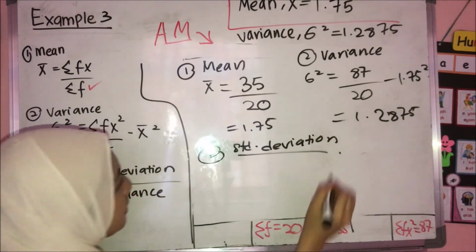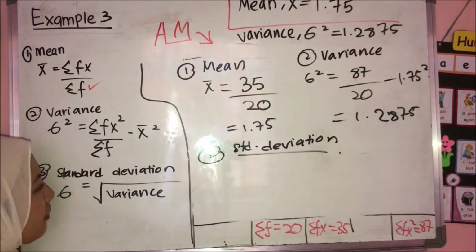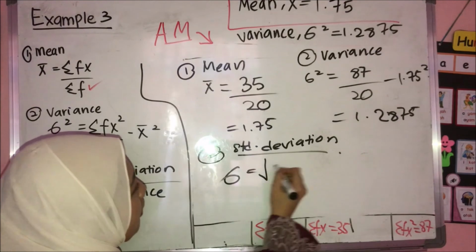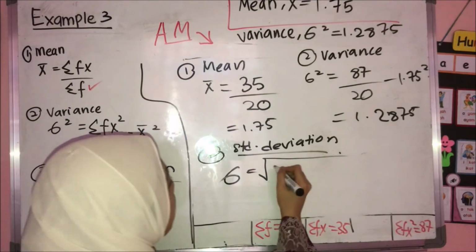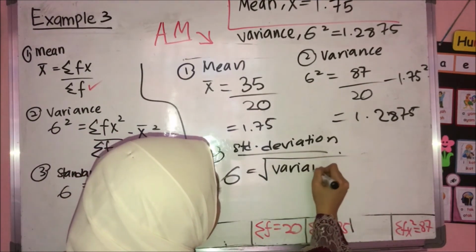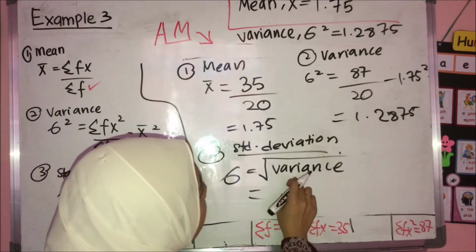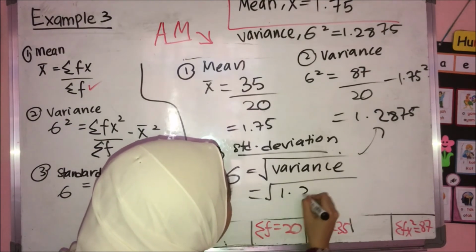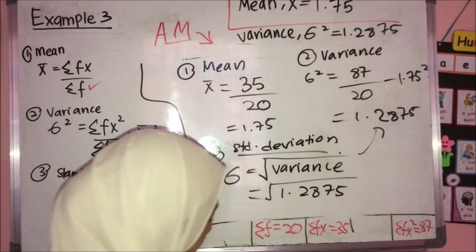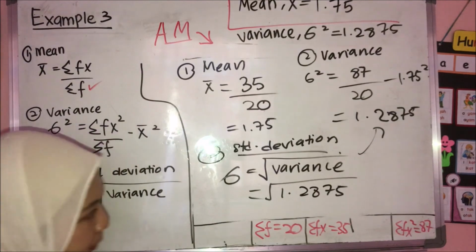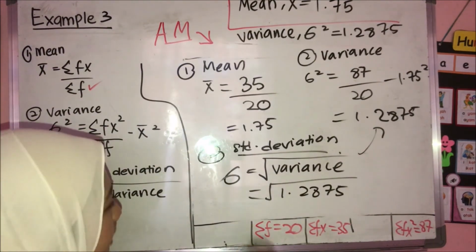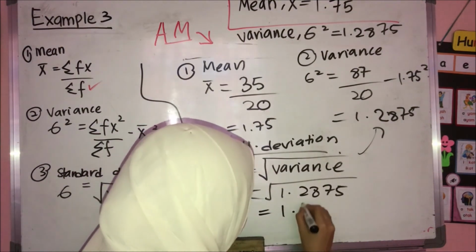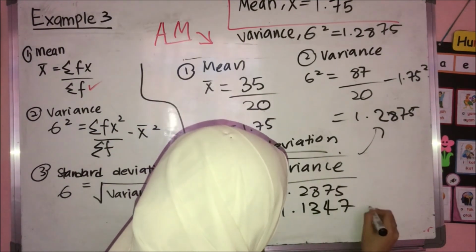So what is the formula of standard deviation? The standard deviation is the square root of variance. The variance we got just now is 1.2875. The square root of 1.2875 is 1.1347.